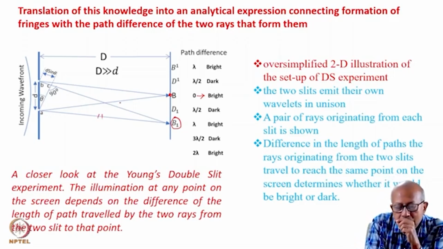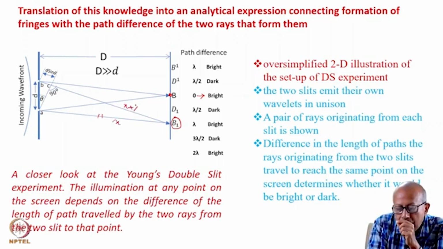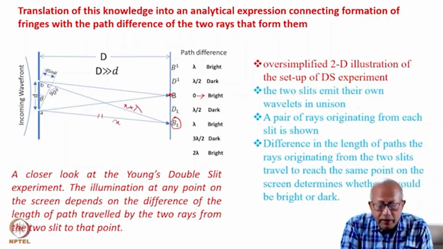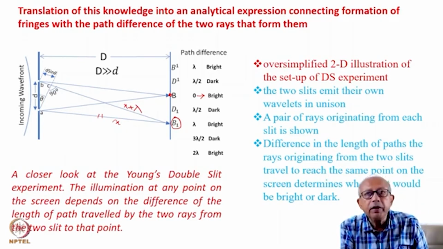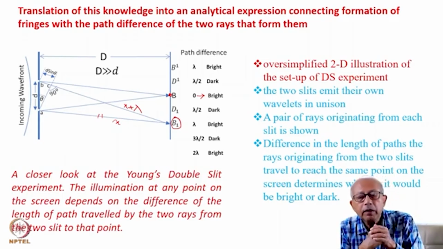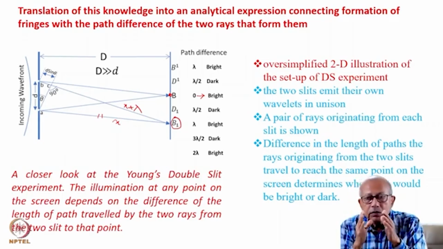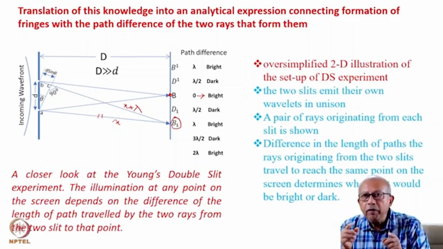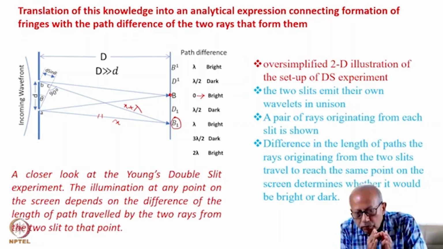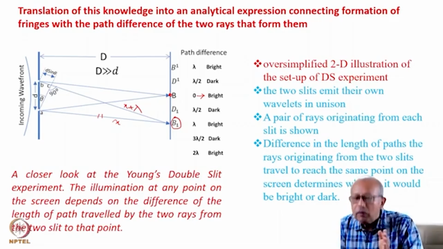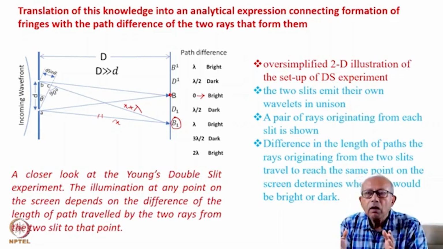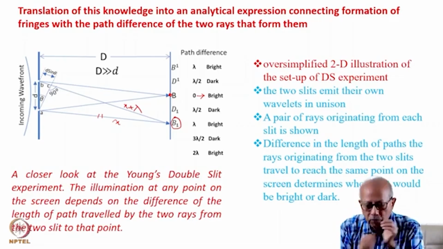So if this distance were x, this will be x plus lambda. Only then will they interfere constructively. They will reinforce. Because the wavelength is such that 2 points on the wave are in phase, if you move it by one wavelength, it will still be in phase. I hope you are able to appreciate this point.